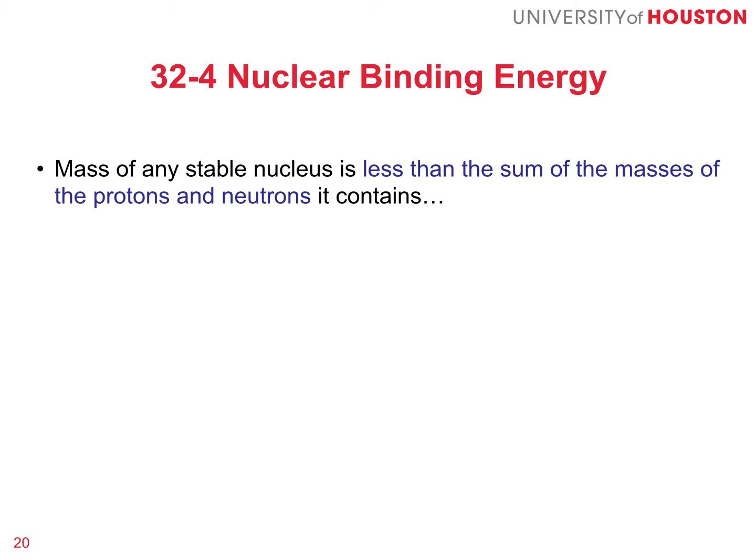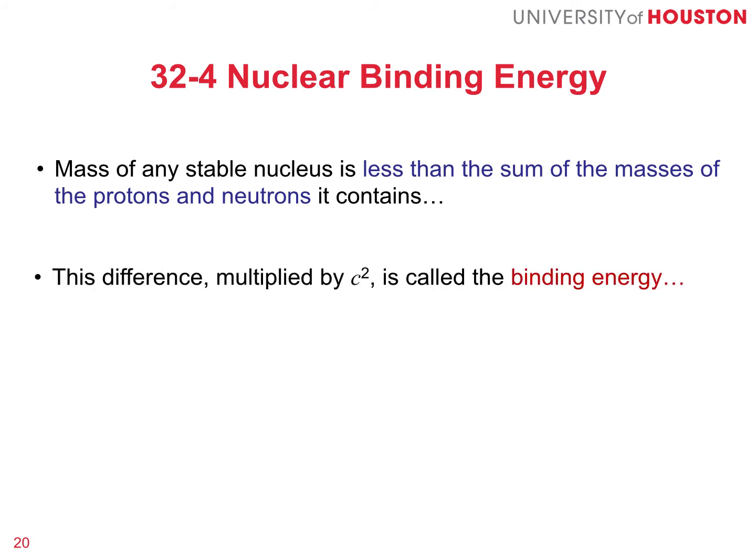Now we will discuss the nuclear binding energy. It turns out that the mass of any stable nucleus is less than the sum of the individual masses of the protons and neutrons it contains. So the mass of the nucleus is smaller than what we might expect. That difference in mass times c squared is referred to as the binding energy, and it's essentially the energy that we need to give the nucleus in order to separate it.